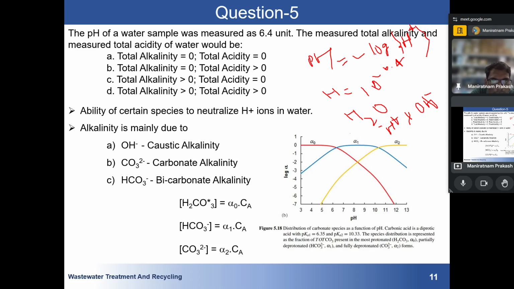So from here you can see the OH minus concentration will be 10 to the power minus 7.6. So pH is 6.4 and pOH is 7.6.